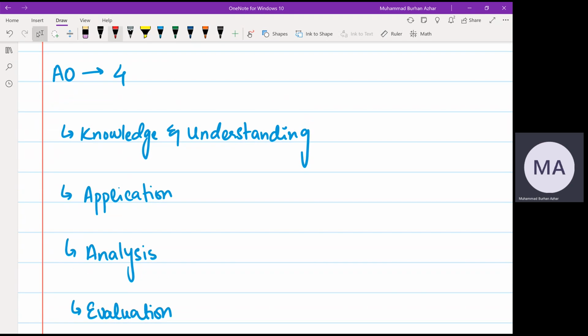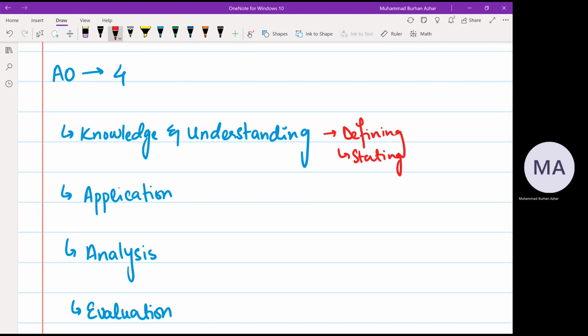अगर देखा जाए तो knowledge and understanding is क्या? It's basically memorizing or defining some key terms and stating some pros and cons of some concepts. So this is what your knowledge and understanding is.